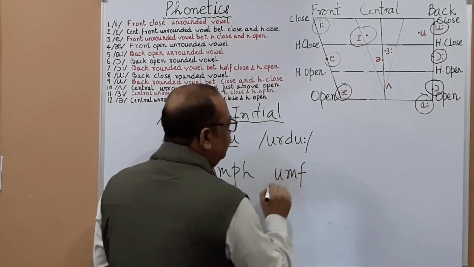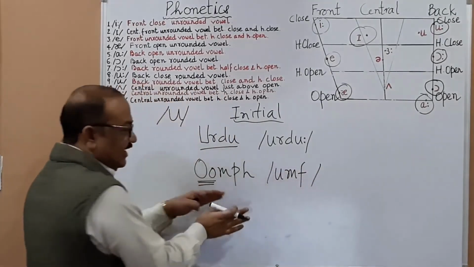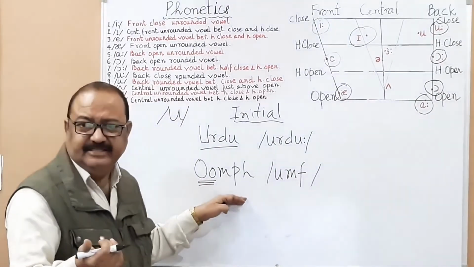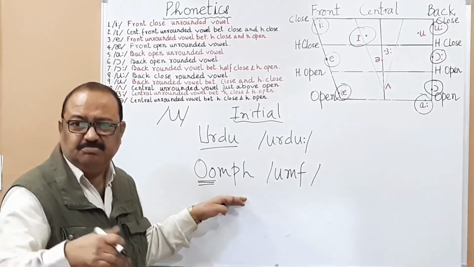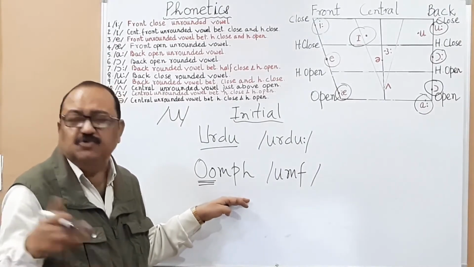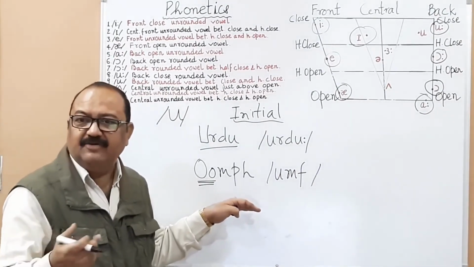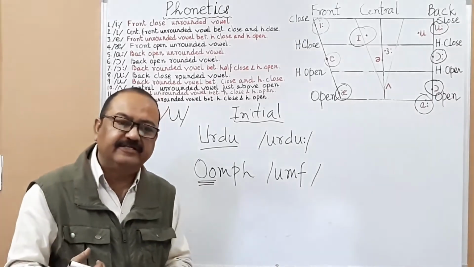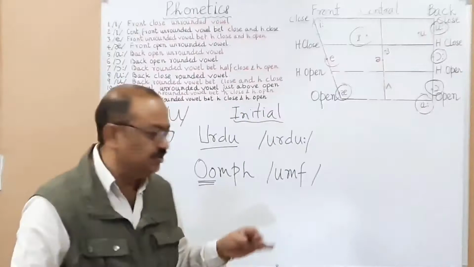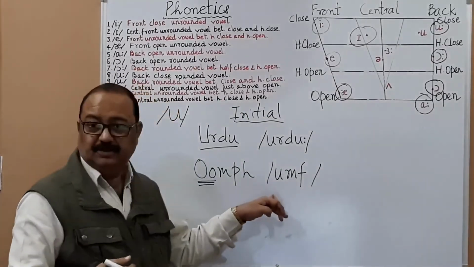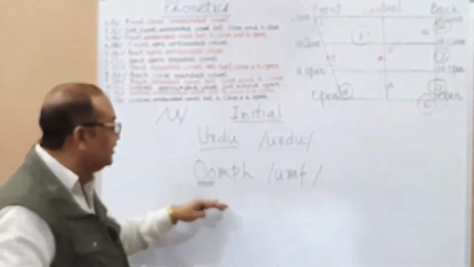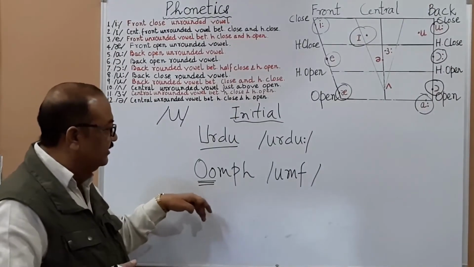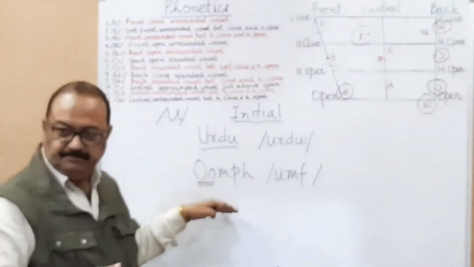This is how you write oomph, and this means energy, liveliness, enthusiasm. I had a very taxing day today. That's why I don't feel any oomph. I have no energy left. So one should not be misled by having two O's here.